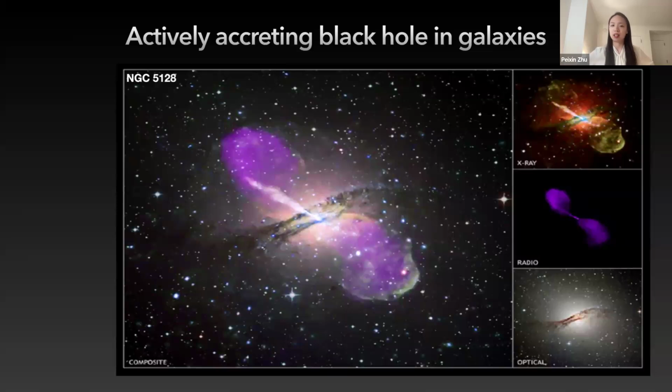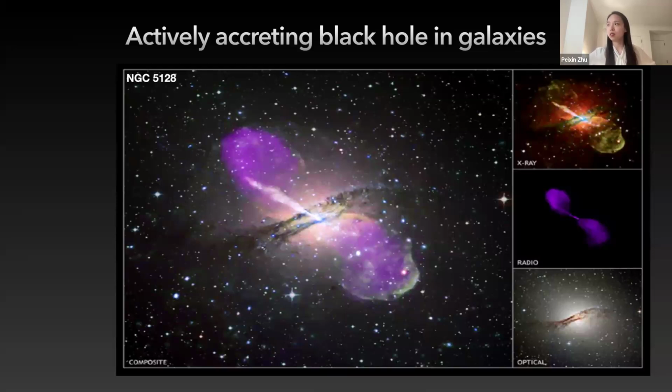One other thing is that you can see this giant lobe structure, a double lobe structure, in the radio wavelengths that is extending from the galaxy center toward intergalactic scales. The extended scale is comparable to the galaxy size. It means that something is coming out from the galaxy center.